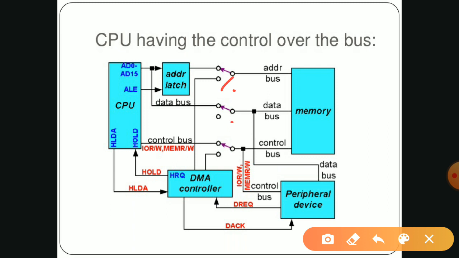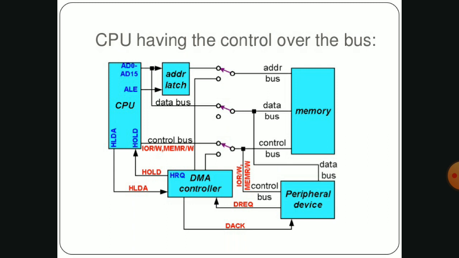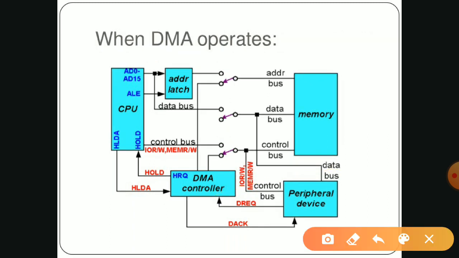When the switches are at the top position, it indicates that the bus is in the hands of the processor. Whereas in this image, the switches are at the bottom position, indicating that the DMA controller can take over the bus controlling operation. That means the DMA controller can hold the bus operations whenever the DMA operation is required.